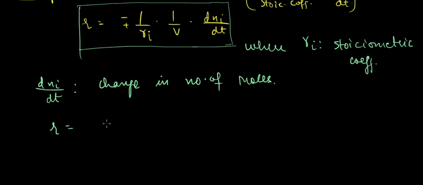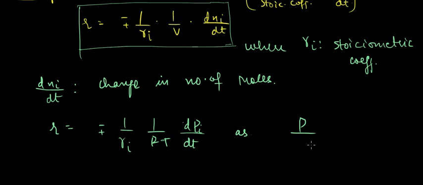R equals minus plus 1 upon gamma I into 1 upon RT dPi by dt. Let's not go there, we can directly write dPi by dt. Why can we write it?